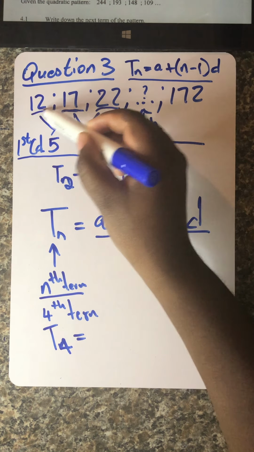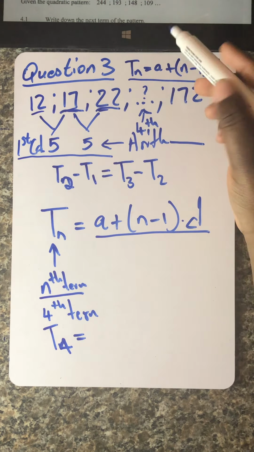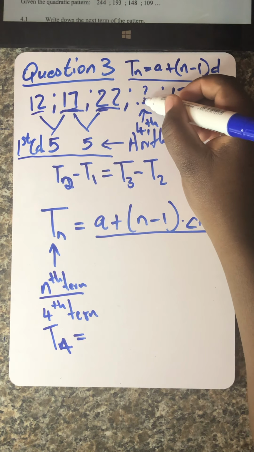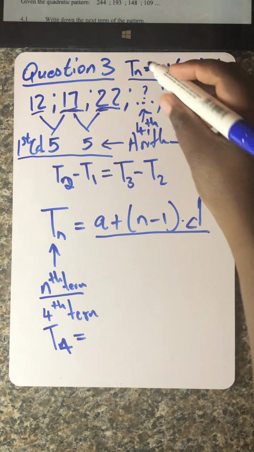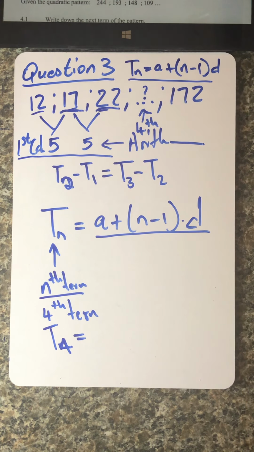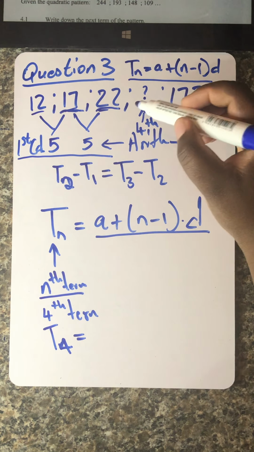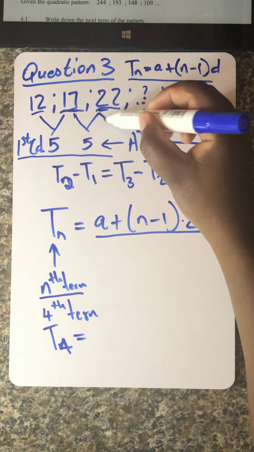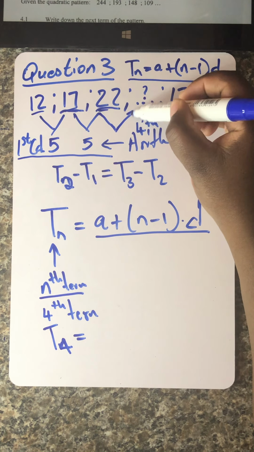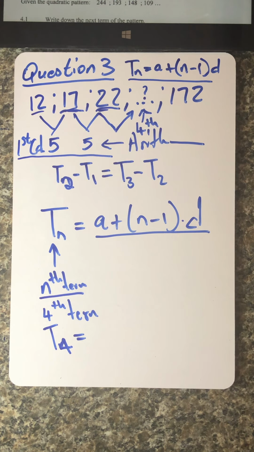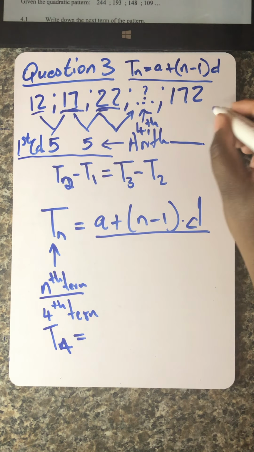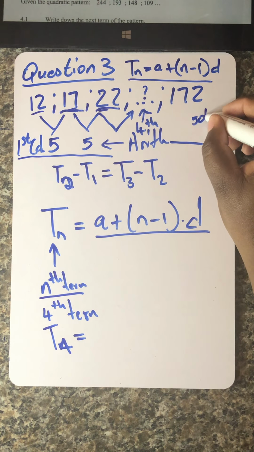Obviously you've got term 1, term 2, term 3, then you should be able to use the formula to calculate the fourth term. So we can still make use of the first difference to know what the fourth term is.